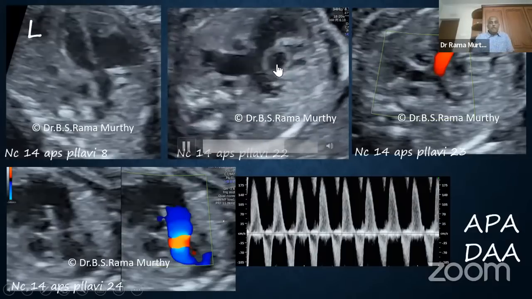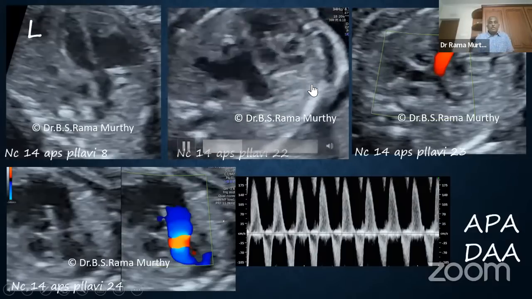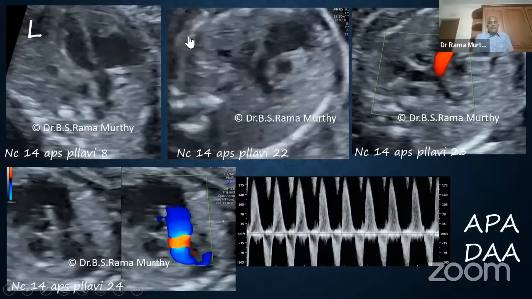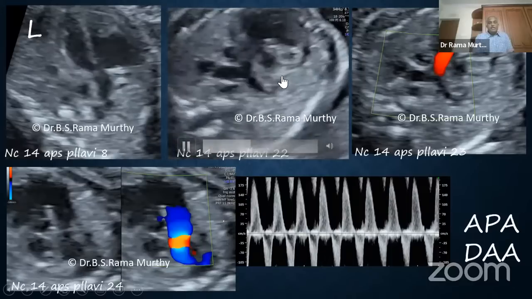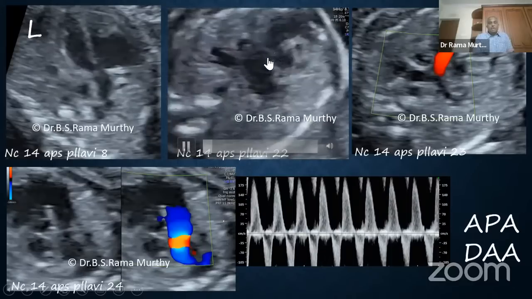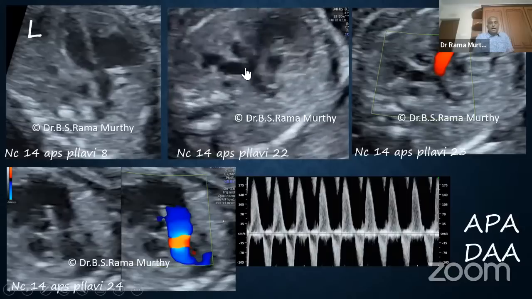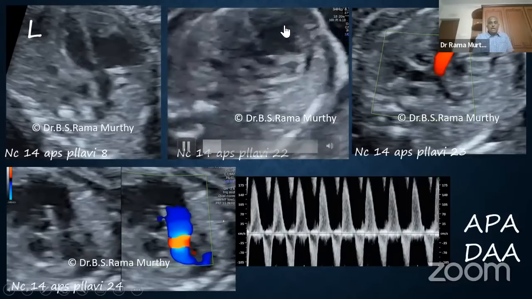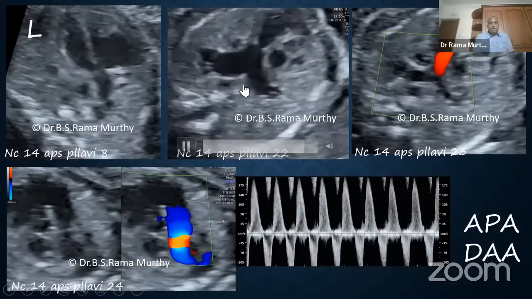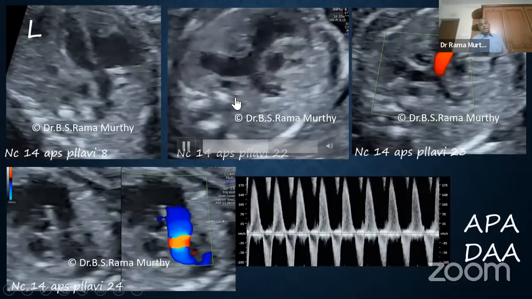So you have the aorta here. This is the right side, this is the left side, and you have the IVC, SVC here coming and going. You have the aorta, you have the pulmonary artery. The pulmonary artery arises from the substernal right ventricle, goes directly posteriorly. But what are your findings here?